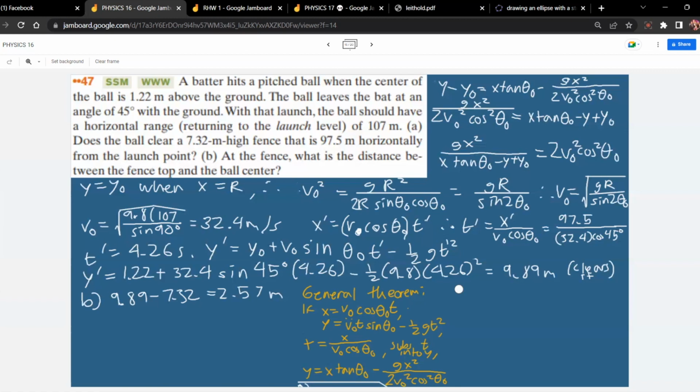Okay, 2.57. Subtract that. Let me check the numbers. Okay, 2.56 meters. Fine.